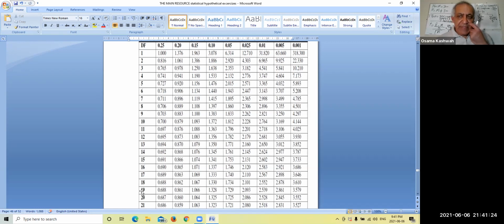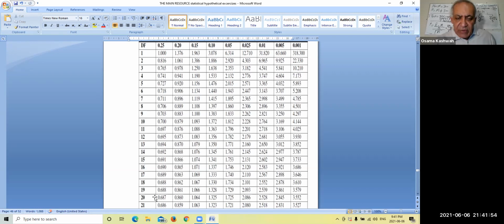And at the same time, alpha 5%, 2 tails means 0.025. Why? Because it's 2 tails, I divide 5% by 2. If it were 1 tail, I would not. But here, because of unequal, it makes it 2 tails. So I will look under 0.025.